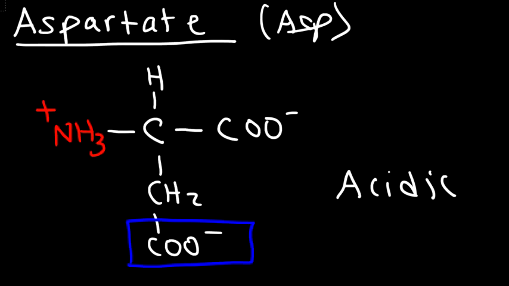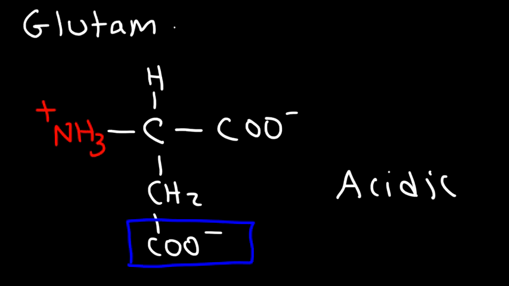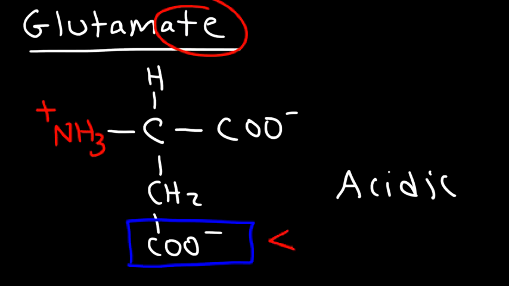Now, the second acidic amino acid that you need to be familiar with is glutamate. Now, notice the ending of the word, ate. When you see that, it tells you that the R group contains a carboxylic acid. So that's a good indication that you're dealing with an acidic amino acid.